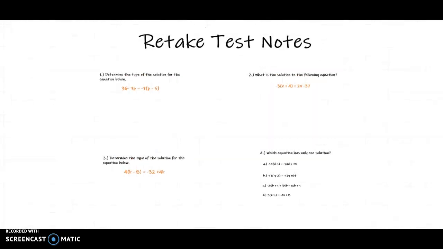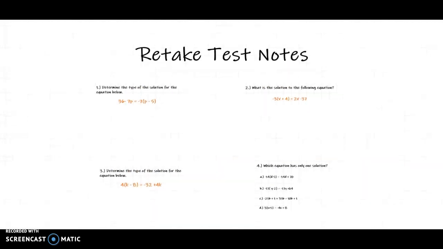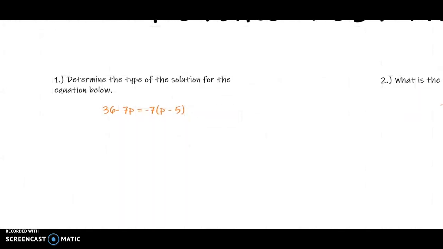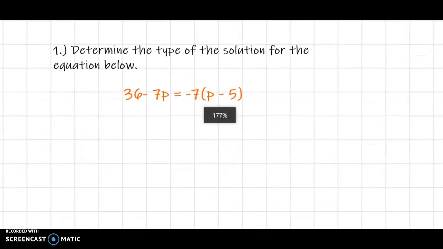Then you're going to have to post them into Canvas. And once you do that, you are able to retake the quiz the next day. The reason why we want you to practice is so that you're ready for the retake, of course. So, let's look over some similar problems that are on your retake, as well as that were on your test.